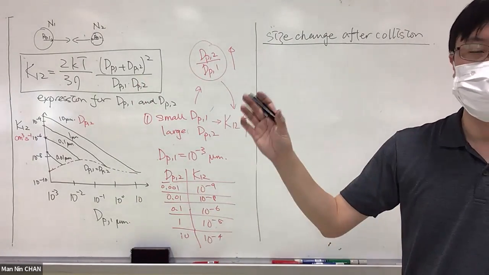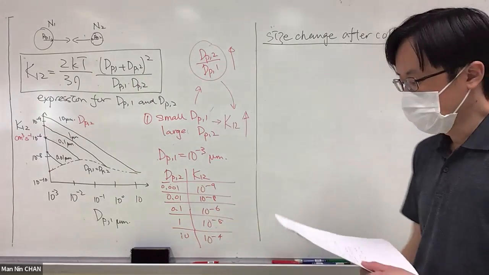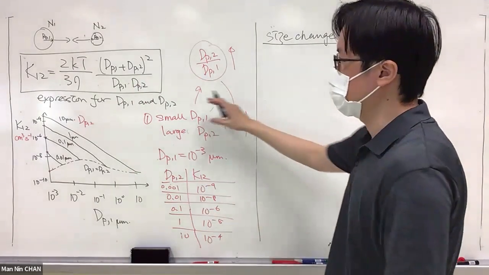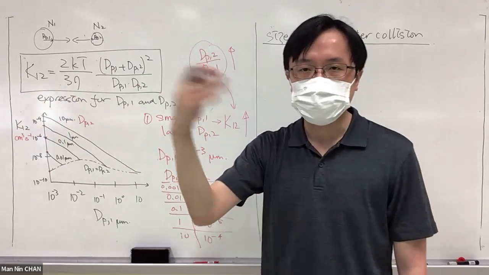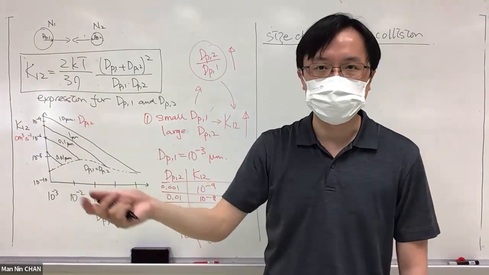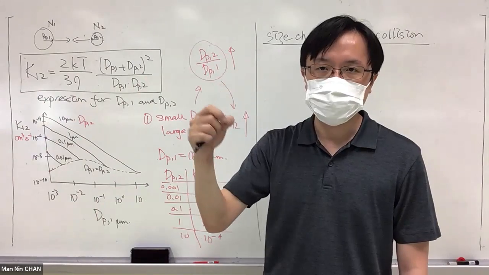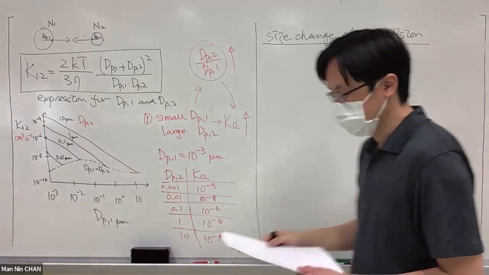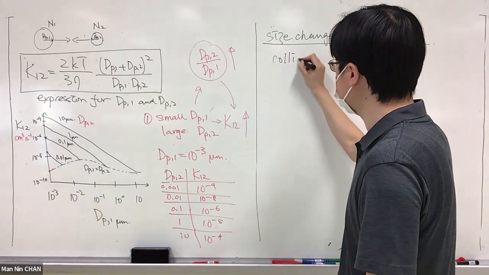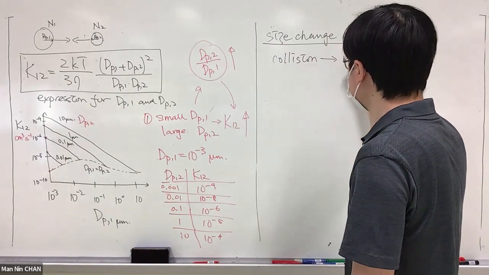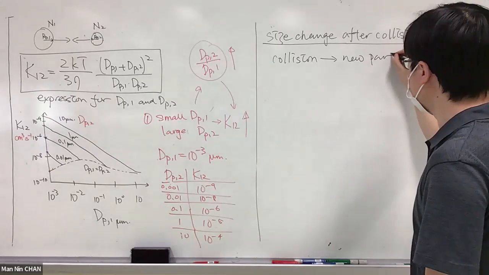Let's say you have a collision between a small particle and a large particle. In this case, coagulation is favorable for a large and a small particle. So of course some collision happens, and then you can have some new particle form.